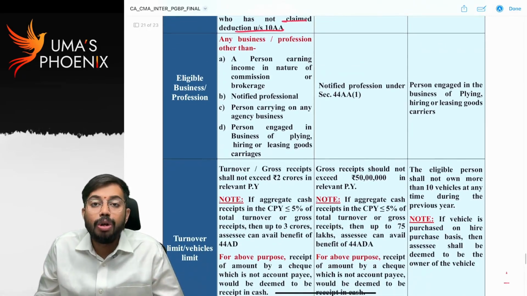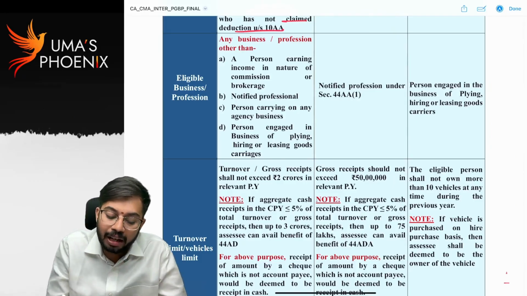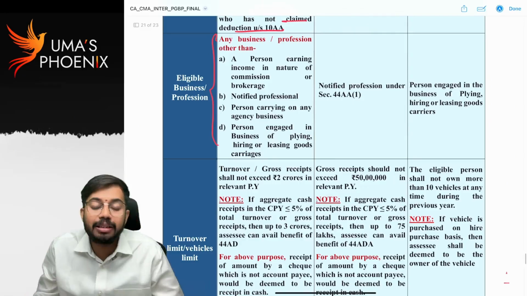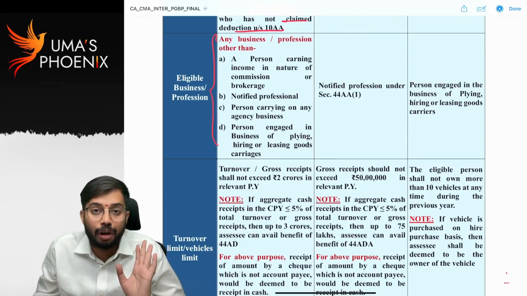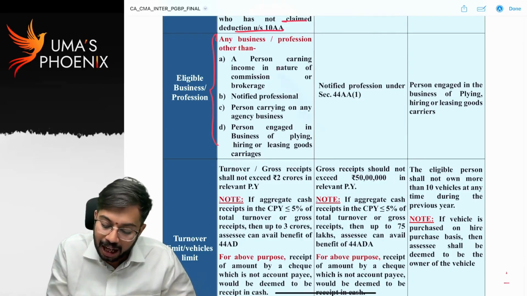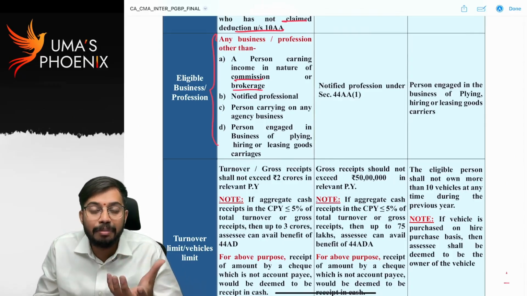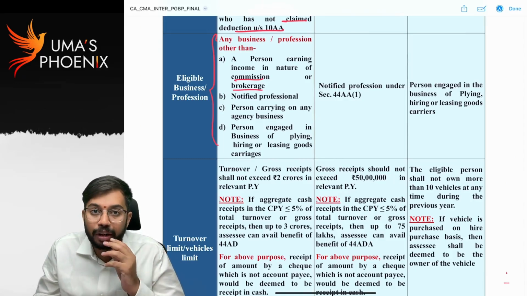Next, who can choose? That means resident individual, resident HUF, resident partnership firm other than LLP, when they can choose 44AD. If they are engaged in these businesses, then they cannot choose 44AD. So any business or profession other than a person earning income in the nature of commission or brokerage. So those whose income is commission income or brokerage income cannot choose 44AD.